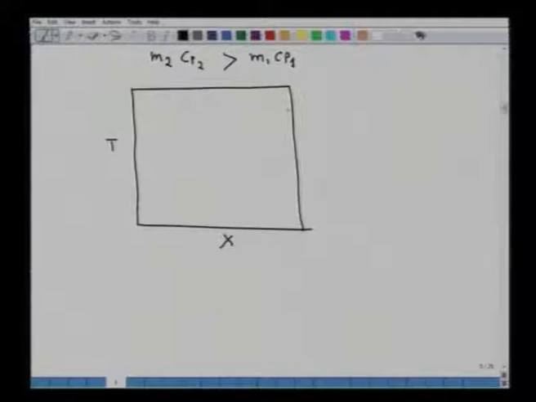Somewhere here we have T2, its temperature will decrease, and T1 is the cold fluid.